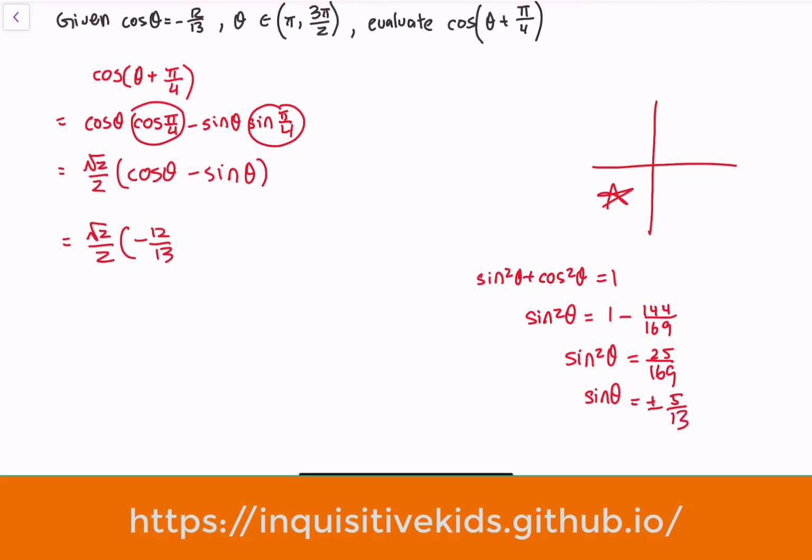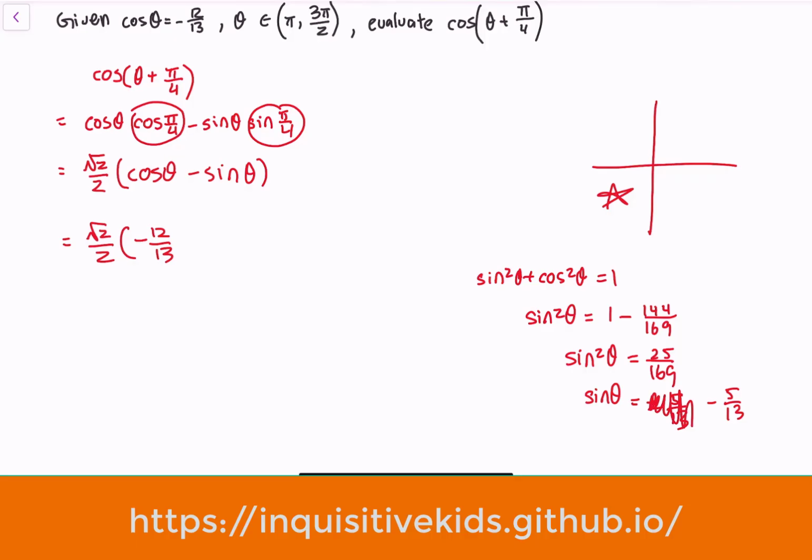And now, let's determine if sine theta in this case is positive or negative. Because we're talking about an angle that is located in the third quadrant, the sine, same thing as the y value, must be negative. So, sine theta in this case is just negative 5 over 13.